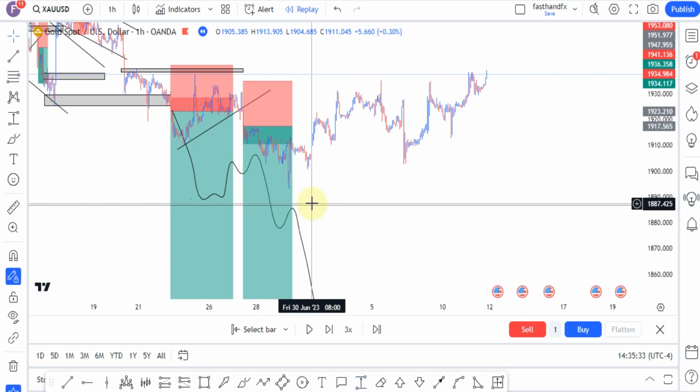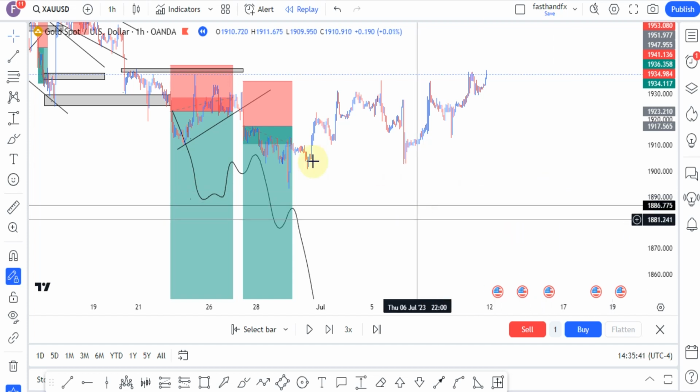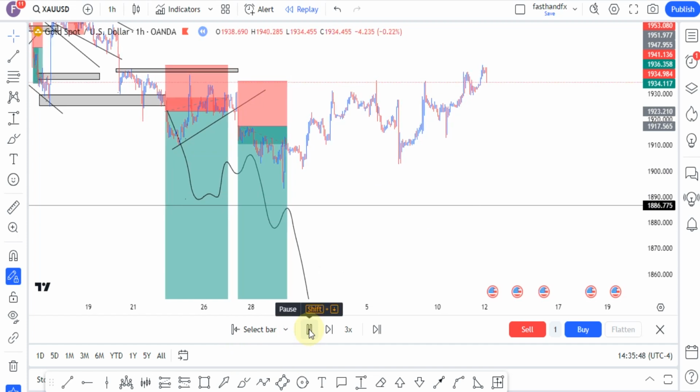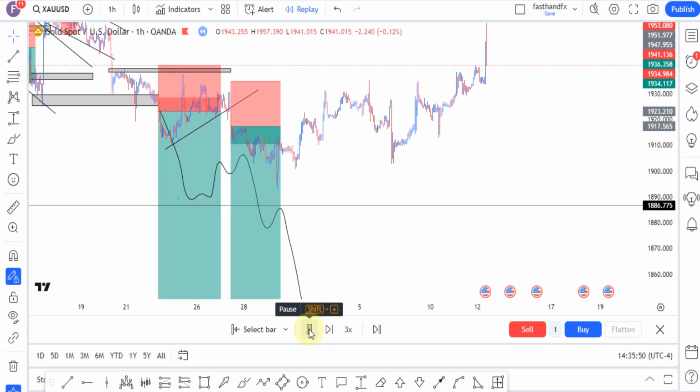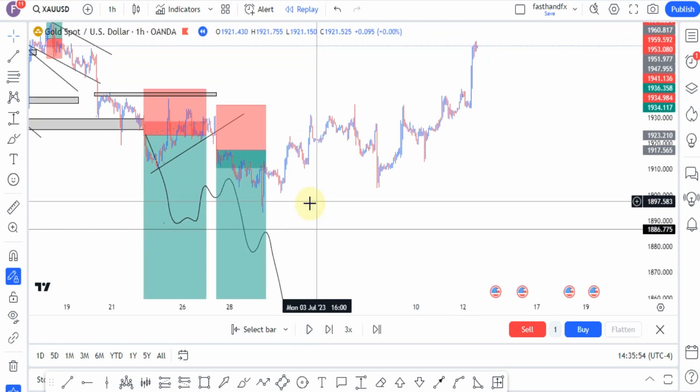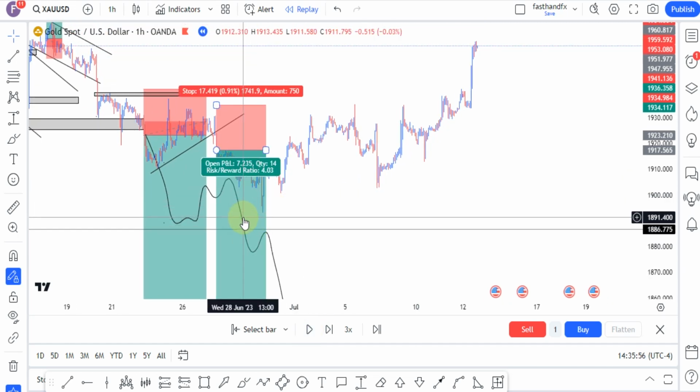So if the market has already given you 300 pips, guys, just take that. Don't wait for the market to give you that extra 60, because you never know. It might behave the way it's doing right now. So let's see if it does continue to go down all the way. So the market gave us 300 pips.